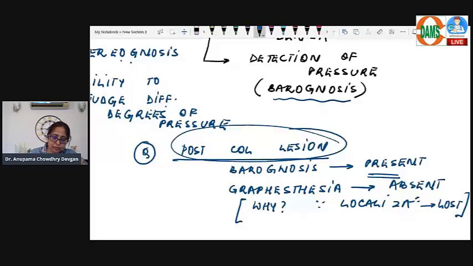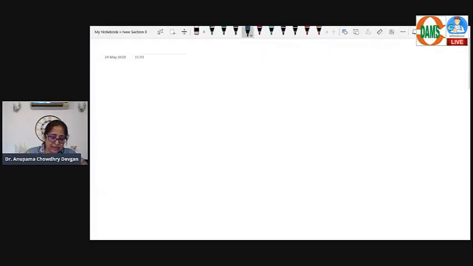Next, let's go on to the course. Let's go on to the details of the posterior columns. Let's see the posterior column here.